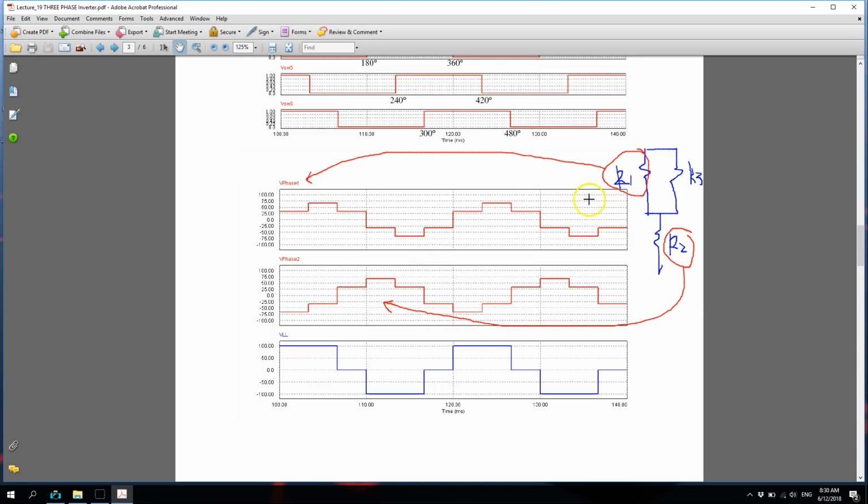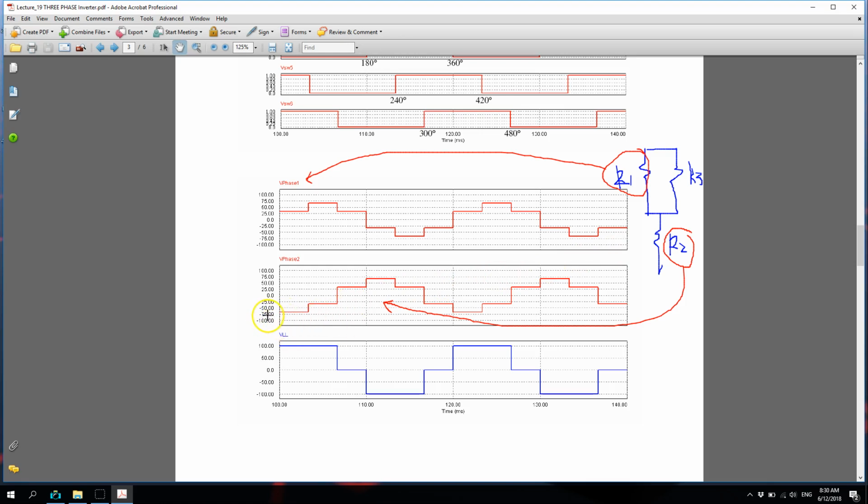Okay, so I did mention just now, across phase 1 there is 1/3 of the input voltage. Our input voltage is 100 volts, therefore you have a value of plus 33.3 volts during that instant. And for phase 2, I just showed you that it is two-thirds of V in, which is 66.6.